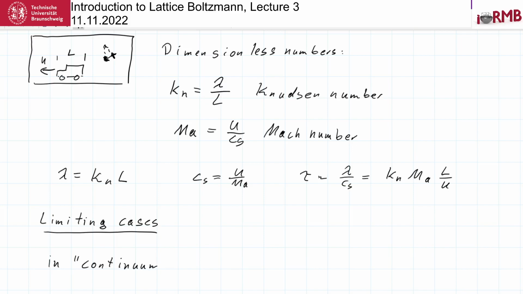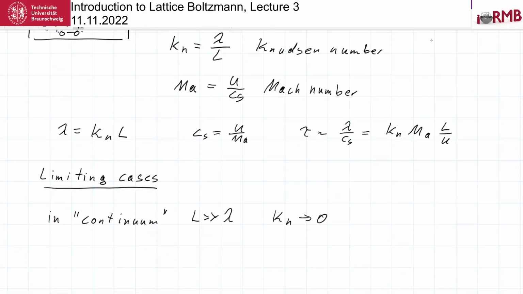So we know there is no continuum. In reality, we have molecules, yeah? We have a mean-free path. So when is the continuum assumption appropriate? It is appropriate if the system is much larger than the mean-free path. And if this is the case, obviously the Knudsen number goes to 0.